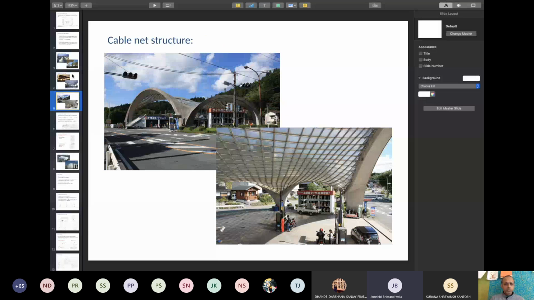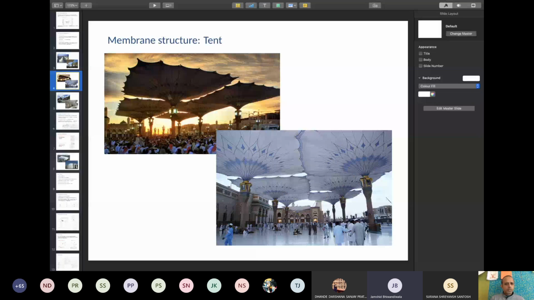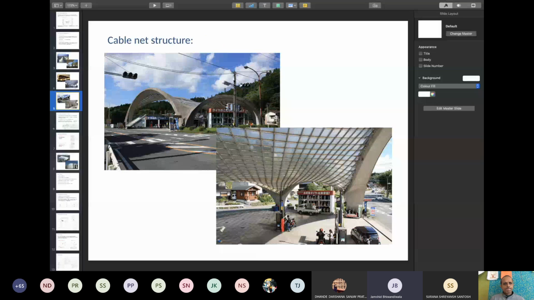This particular typology, one slide above. Next slide, yeah, this particular typology where the center, ah, but this is not there, one above, even above that.